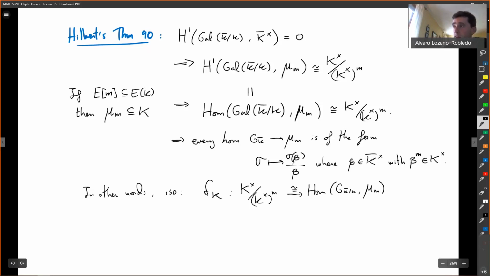That sends, for every B here, for a class modulo mth powers, this is sent to delta_K of B, the homomorphism that sends sigma to sigma acting on beta over beta, where beta to the mth power is B.